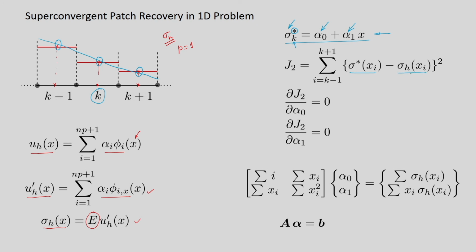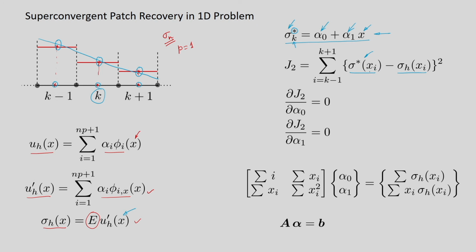For the finite element stress, we will simply substitute the corresponding coordinates and get the stress obtained from the finite element solution, and for the recovered stress we will simply substitute x as xi. So, xi basically denotes the coordinates of these super convergent points.